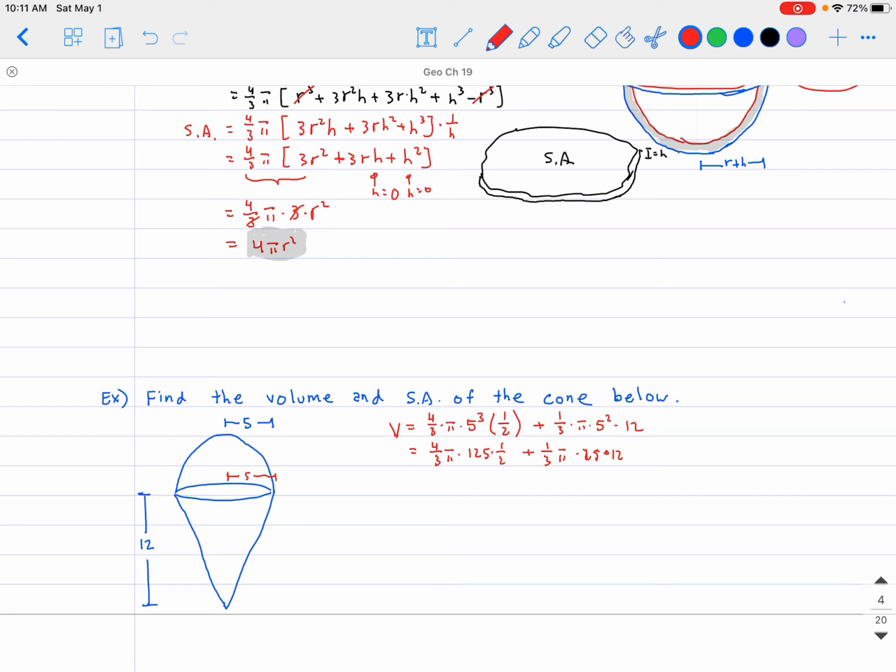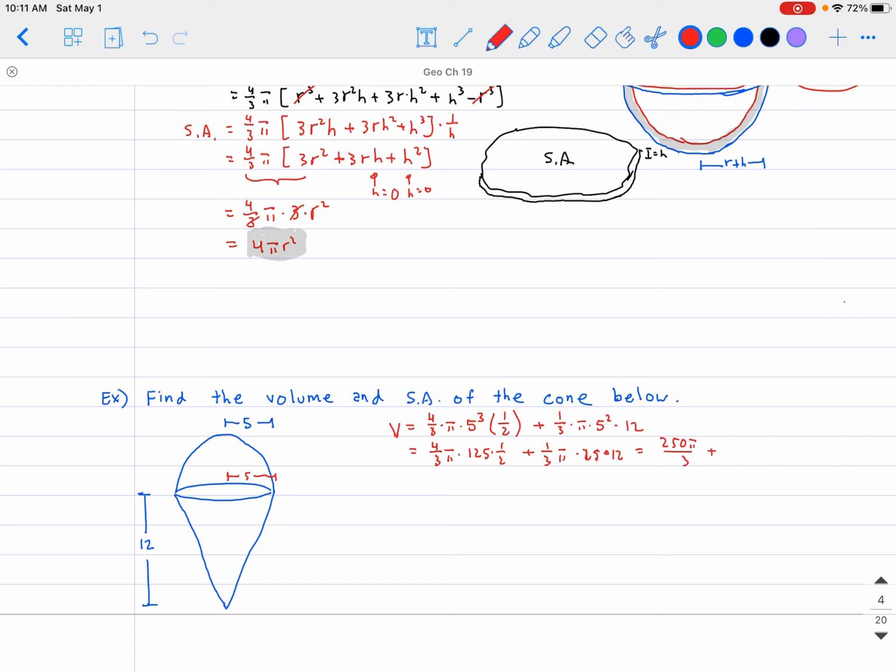We can clean this up. 4 pi over 3 multiplied by 1/2 is actually 2 pi over 3 because the 4 and the 2 cancel out. So 2 pi over 3 multiplied by 125 is equal to a total of 250 pi divided by 3. So that is just the first part: 250 pi divided by 3.